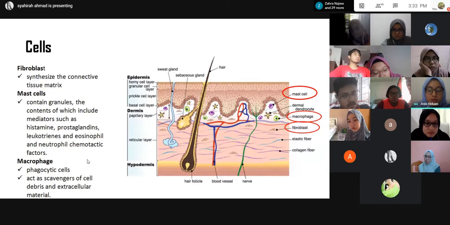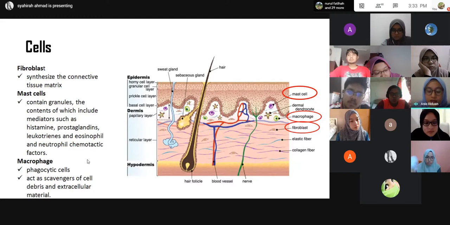The mast cells are specialized secretory cells. These mast cells contain granules which store mediators such as histamine, prostaglandin, leukotriene, and a chemotactic factor for eosinophils and neutrophils. And lastly is the macrophage, which is a phagocytic cell. These cells act as scavengers of cell debris and extracellular materials.